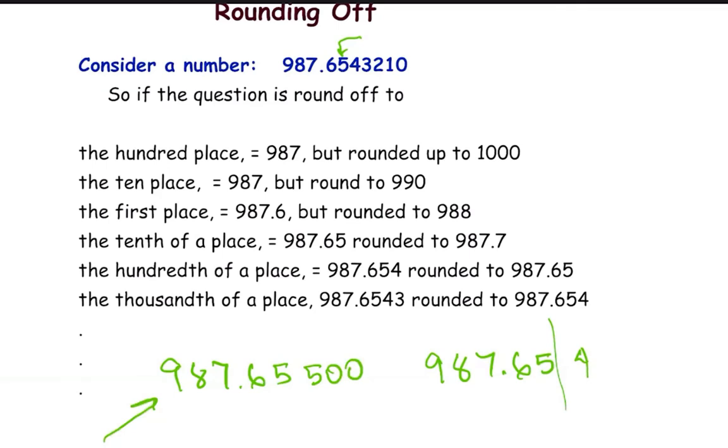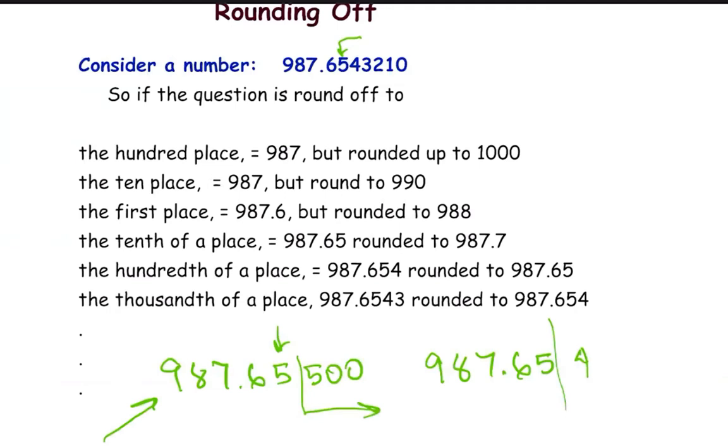So you look over here, this is the 100th of a place right there. Okay, and you look at the digits to the right of that. Well, 500 is exactly halfway between 0 and 9. So do we round up or do we stay?